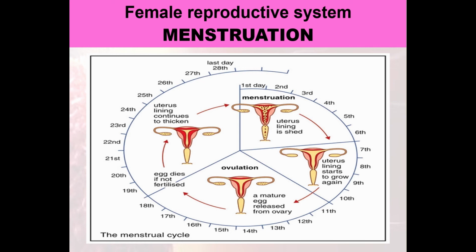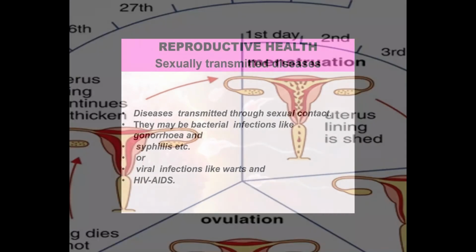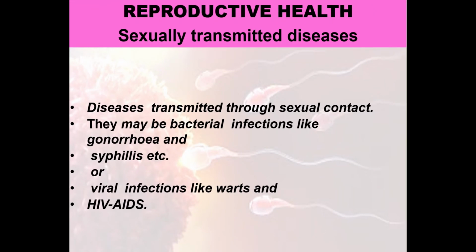When we study reproduction, the study of reproductive health is also very important, especially for adolescents, because they are going to be the future citizens of the country. In reproductive health, two important topics are STD and contraception.